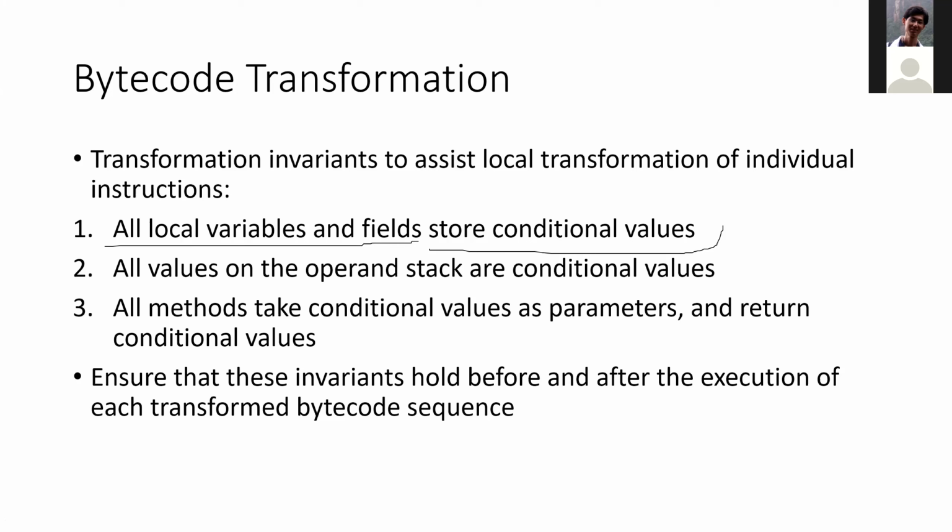So I think basically they are saying that all the values used, you have to change them into conditional values because they want to store all possible values for that variable. Okay, maybe we can see it later.